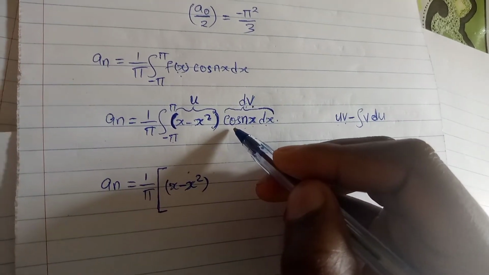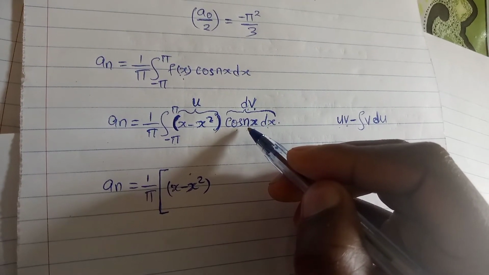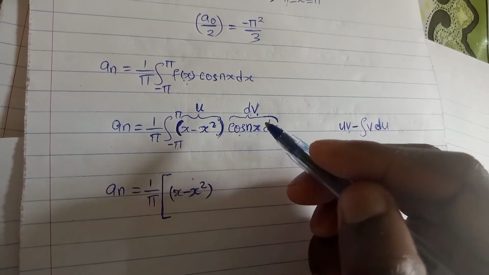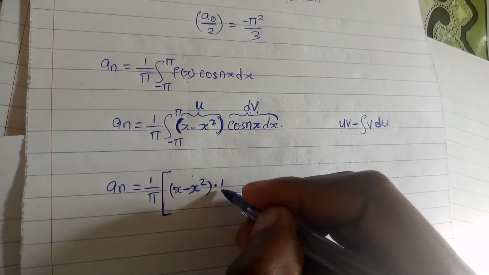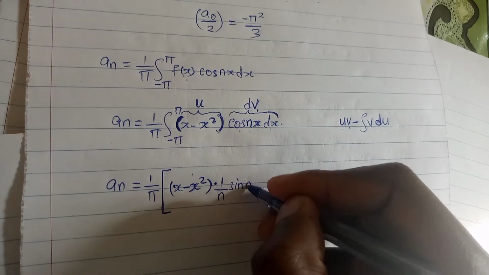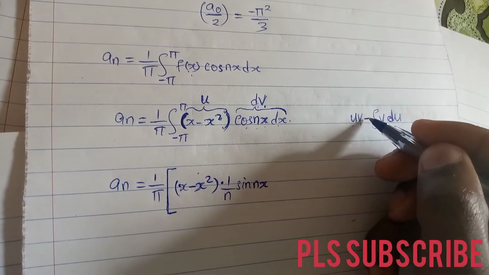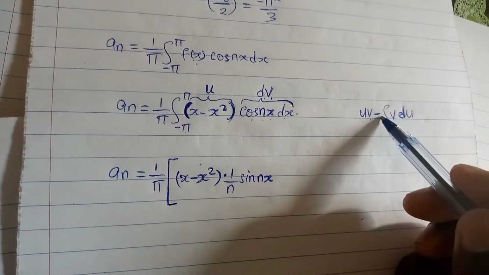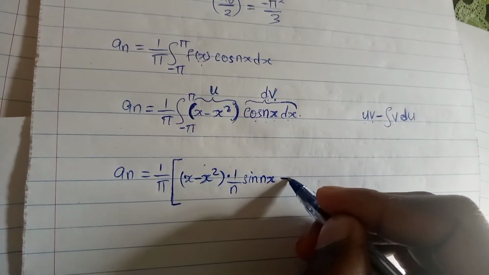Once you integrate cosine nx, you get positive 1 over n sine nx. So I'm going to multiply with 1 over n sine nx, and because we have subtraction here, I'm going to put our subtraction there.